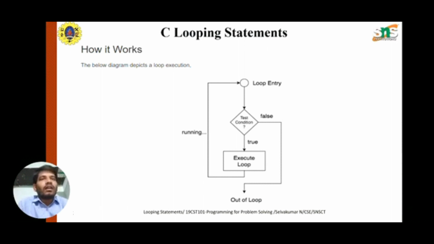After the execution of digit 5, the condition becomes false, and the program exits the loop. So the loop enters, checks the condition, and if the condition is true, it executes again up to the exit point. This is how looping executes.